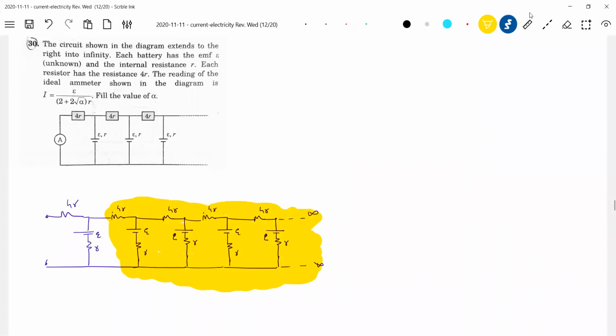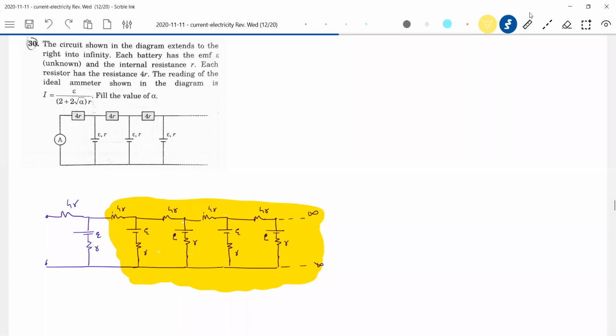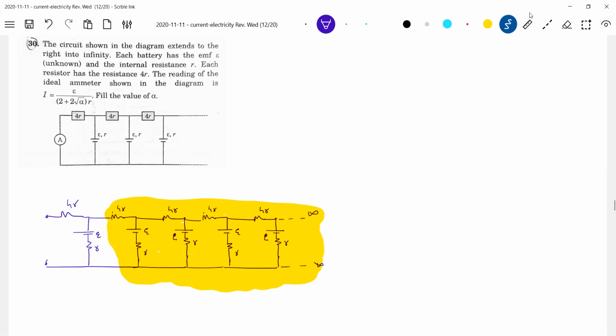So when I replace this yellow color region, I'm going to replace it here with an equivalent. Even this R and this 4R become part of it, no? I'm going to replace everything with an equivalent cell.